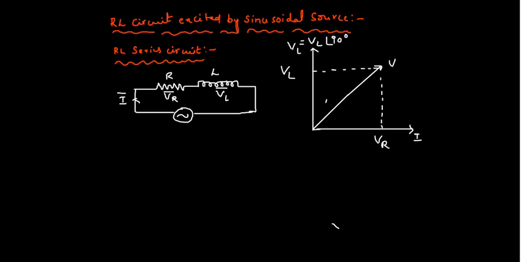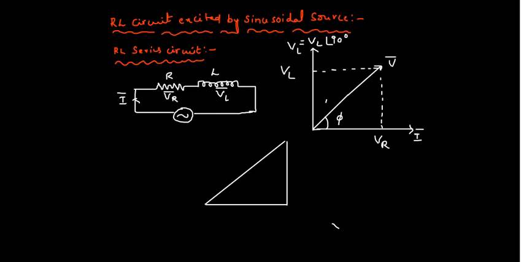This is the angle phi between the resultant voltage V bar and the resultant current I bar. Now if you see the impedance diagram, this is the resultant.